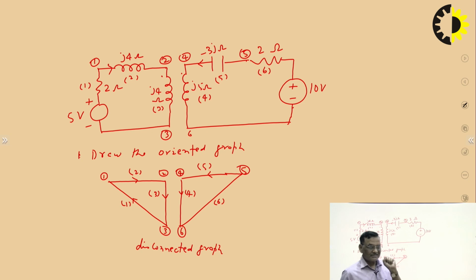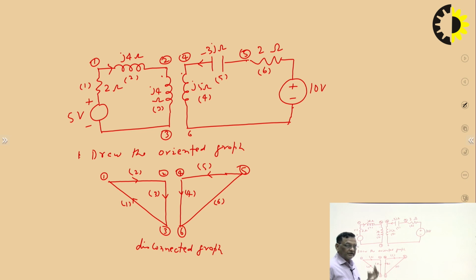The concept of selection of tree is applicable to a connected graph. So if the graph is disconnected, what we do? We just take the tree of the individual section, individual connected graph. So 1, 2, 3, this is connected.